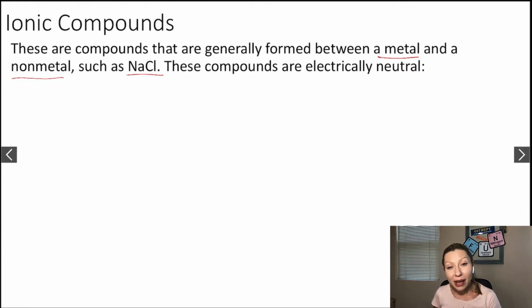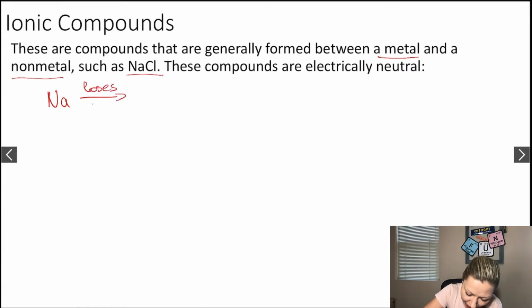We talked about the fact that sodium would like to lose an electron to become a sodium ion, and chlorine likes to gain electrons to become a chloride ion. So let's see how this happens again. When we have a sodium atom, it can lose an electron to become Na+, okay?